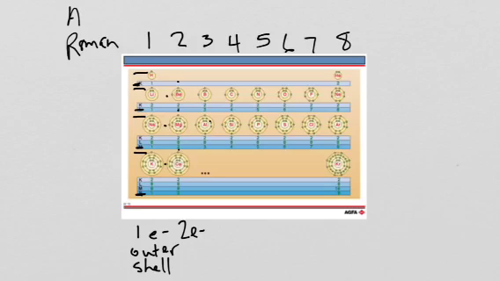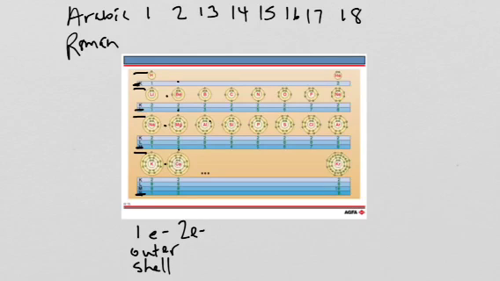For the Arabic numbers, this is still 1, 2. This is 13, 14, 15, 16, 17, and 18. So I'm going to write this out as Roman numerals so you don't get mixed up: 1, 2, 3, 4, 5, 6, 7, 8.